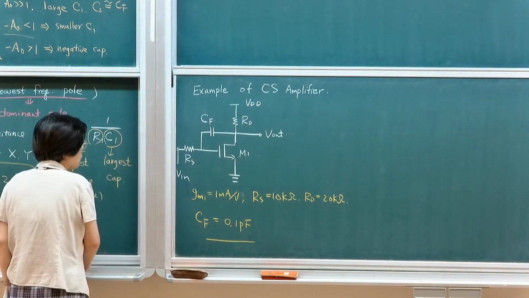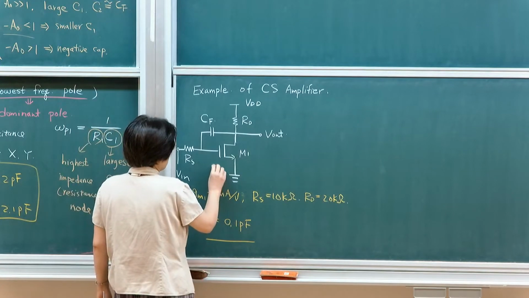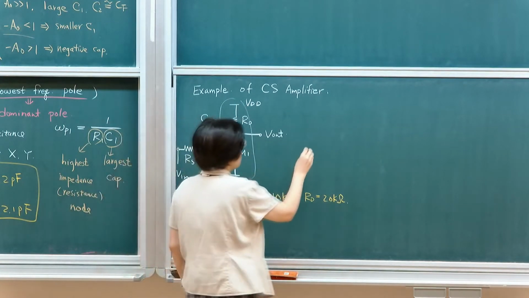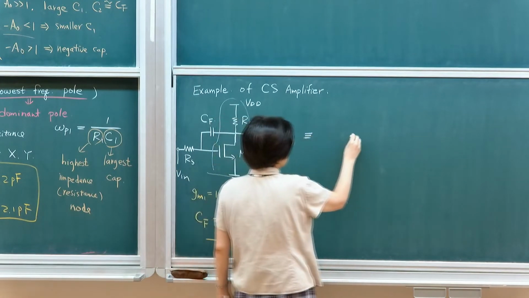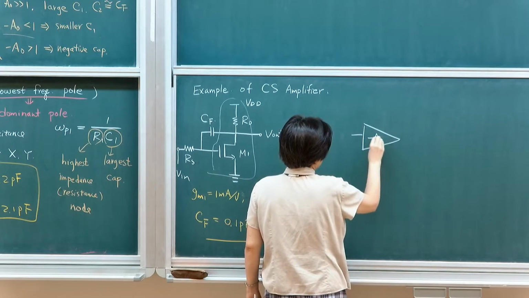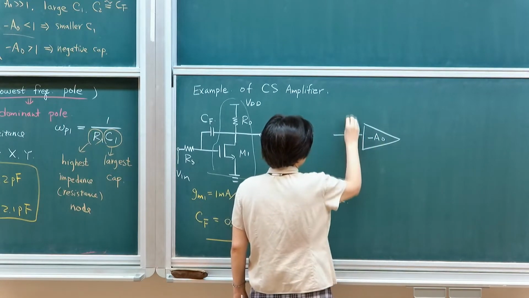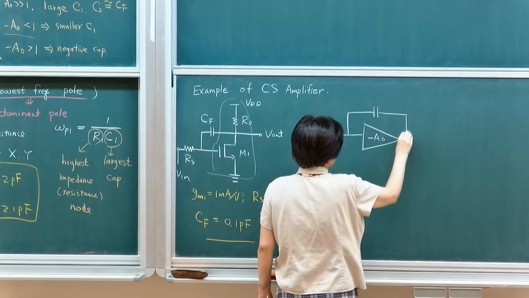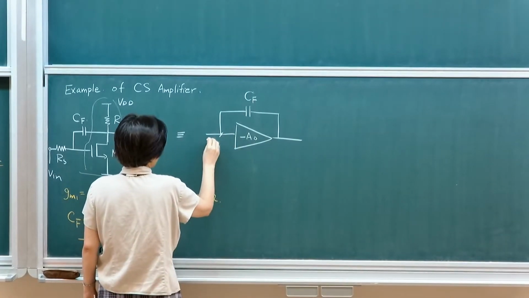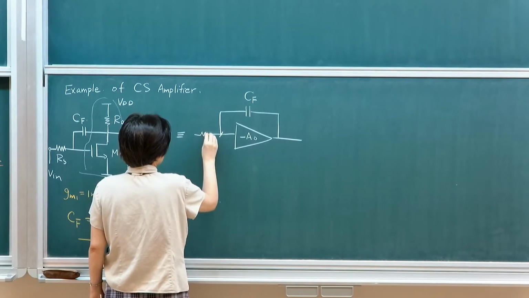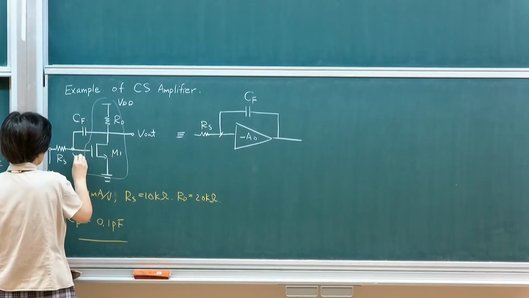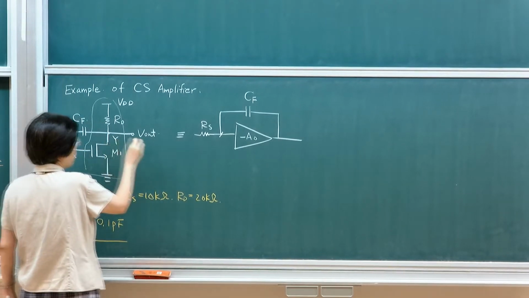So basically what happened is that you could view this as an amplification stage. So this can be equivalent to, I'm having this minus A0, CF. This will be my input, RS. This will be node X, as we have already followed.